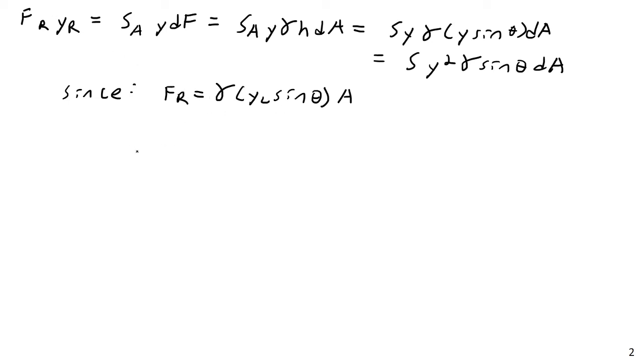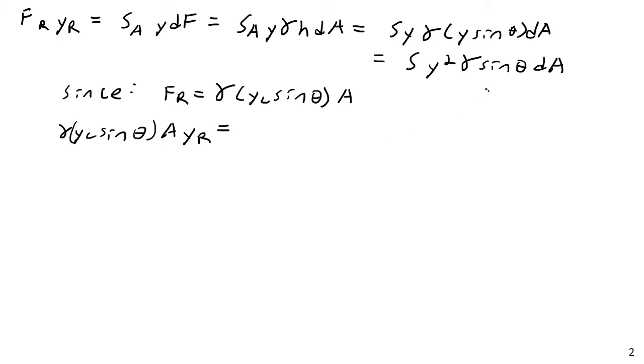So I'm going to have gamma yc sine theta, in parentheses, times A times YR, substituting this expression in, and then I have it equal to this one here.